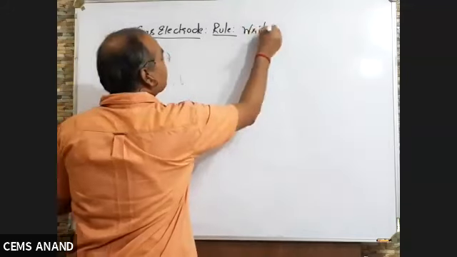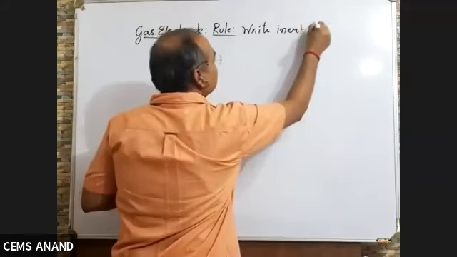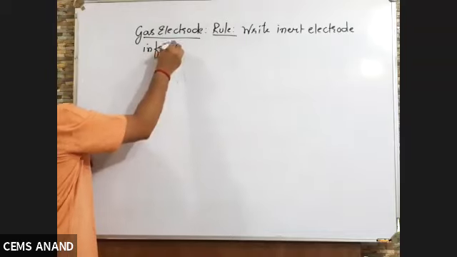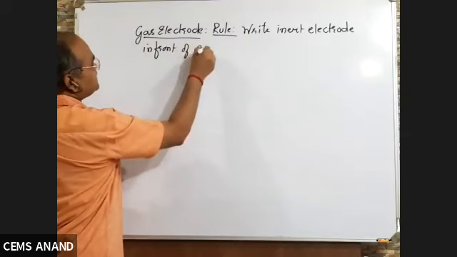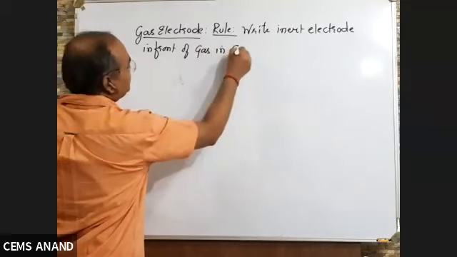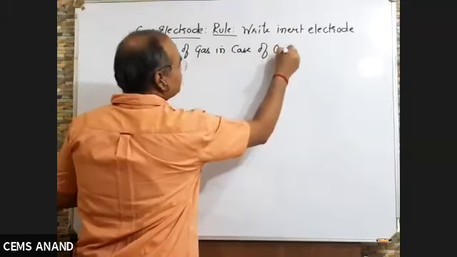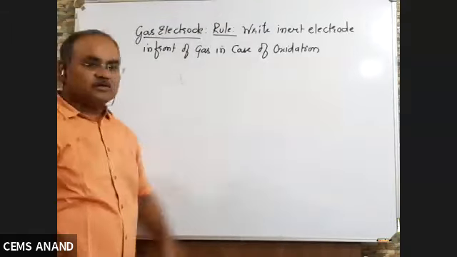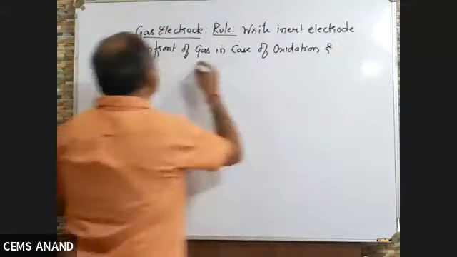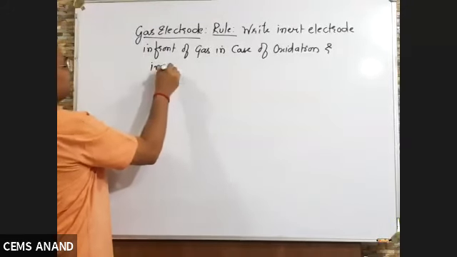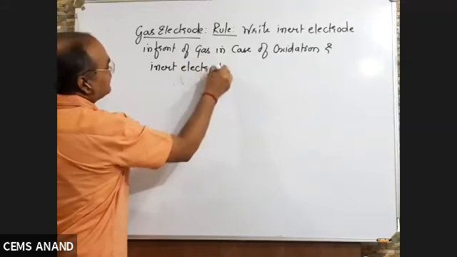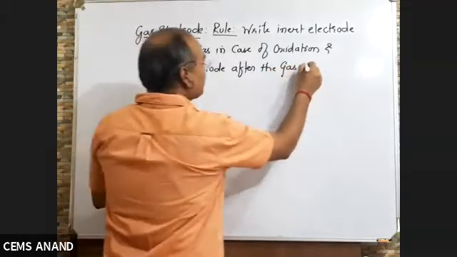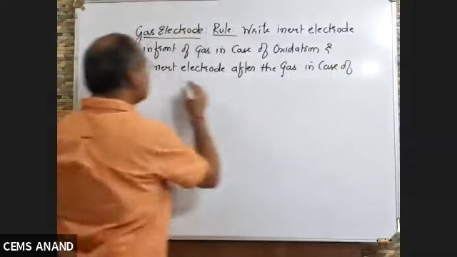Write inert electrode in front of gas in case of oxidation, and inert electrode after the gas in case of reduction.